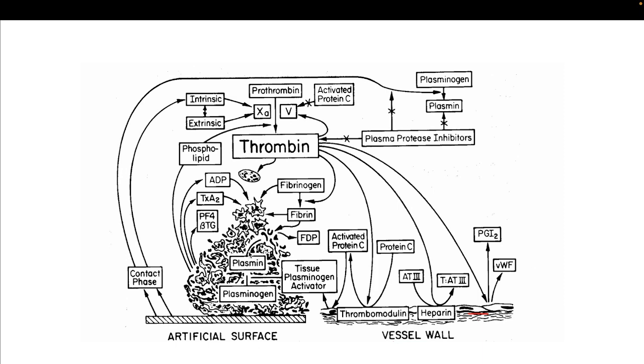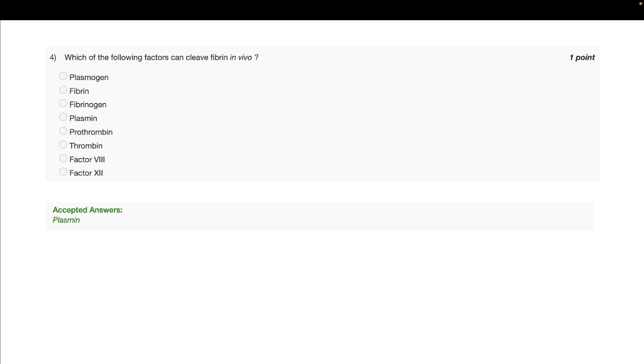Plasmin is another protein which gets activated from plasminogen, which is released by some of the tissues. This plasmin acts on the fibrin molecules which are present in this blood clot, and they will break open this fibrin. Fibrin is nothing but long fibers which make this clot, and plasmin will act on this fibrin. They will dissolve this clot, and then the clot can be removed from the body. So the right answer for this question is plasmin, one of the factors which cleaves fibrin inside the body.